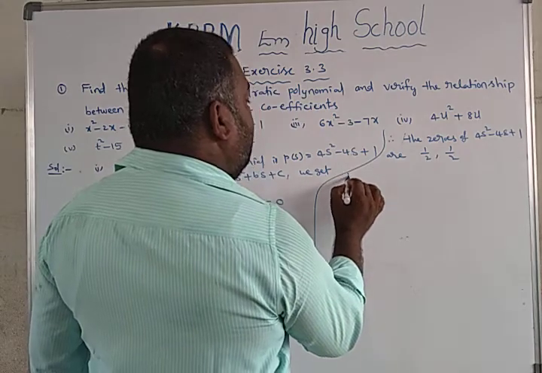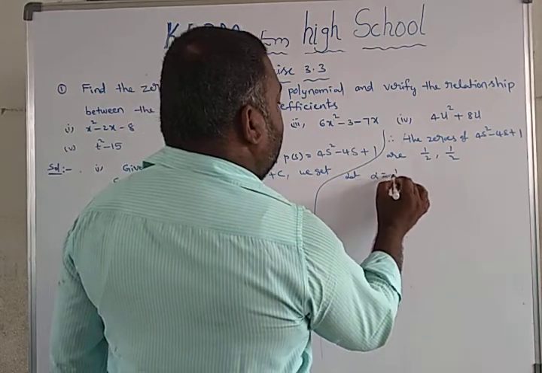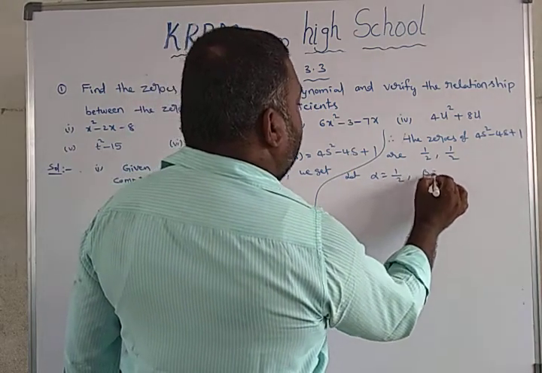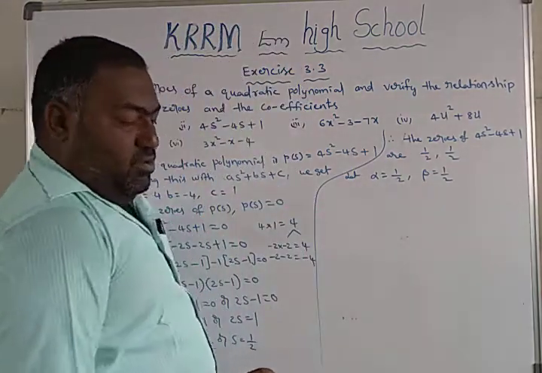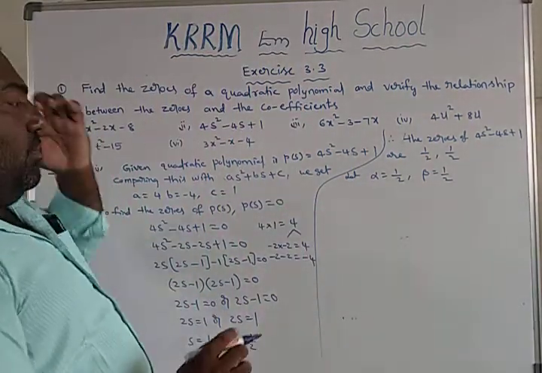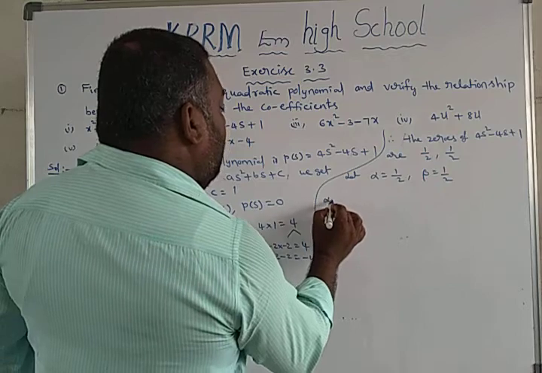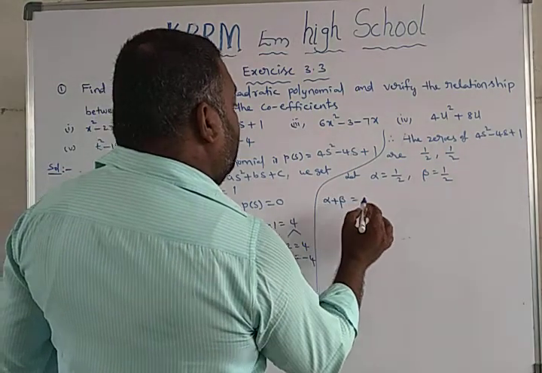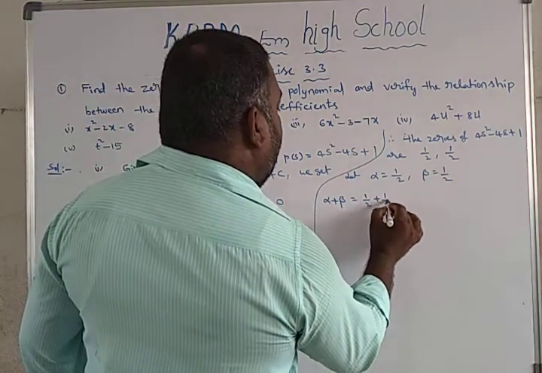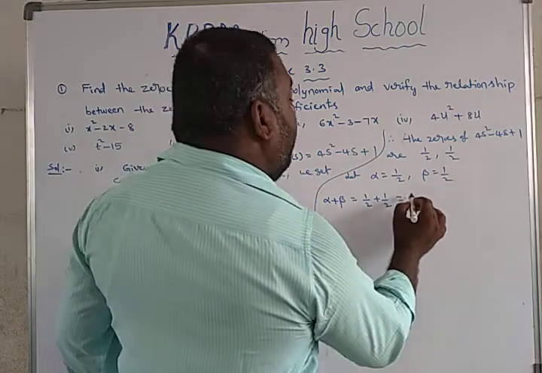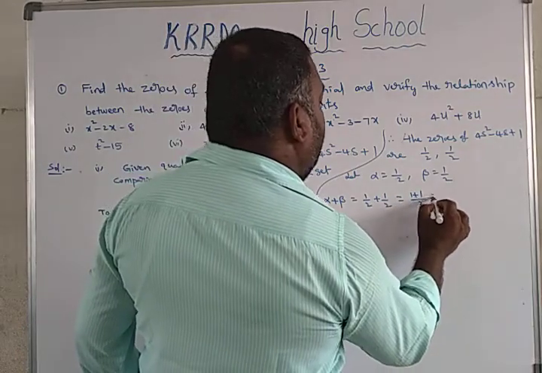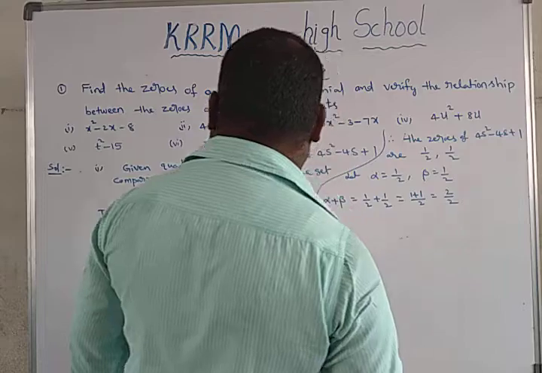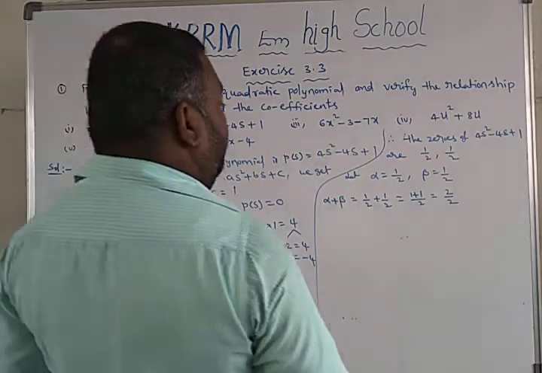So let alpha is equal to 1 by 2, beta is equal to 1 by 2. Now we verify the relationship, the sum of the zeros. Alpha plus beta is equal to 1 by 2 plus 1 by 2, which can be written as 1 plus 1 upon 2, equal to 2 by 2.